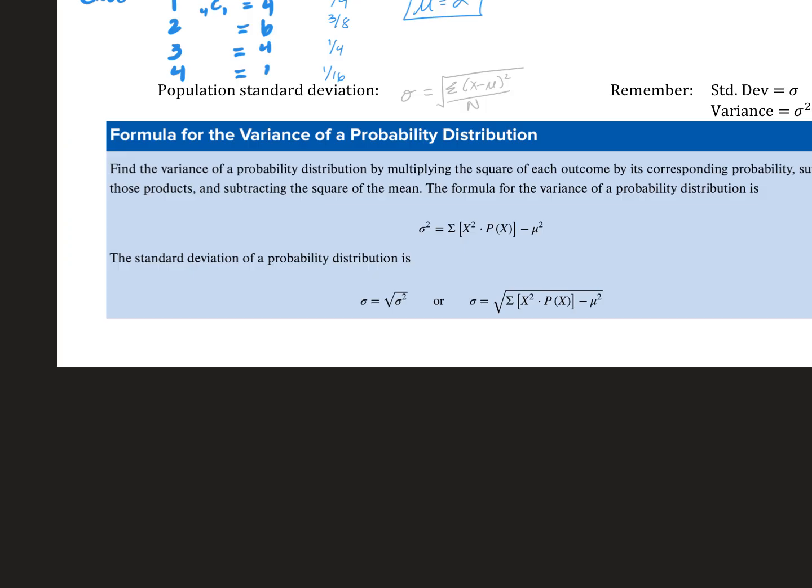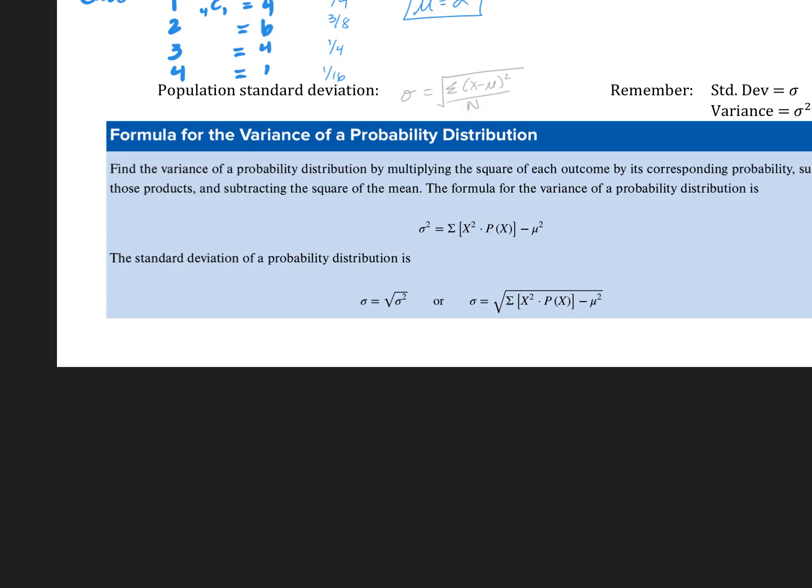Once you've done it a few times, you're going to see it's really easy. It's very similar to finding the mean. The mean is value times probability, add them up. Variance is value squared times probability, add it all up, subtract the mean squared. Okay? And then once you have variance, how do you find standard deviation? Take the square root. Okay?